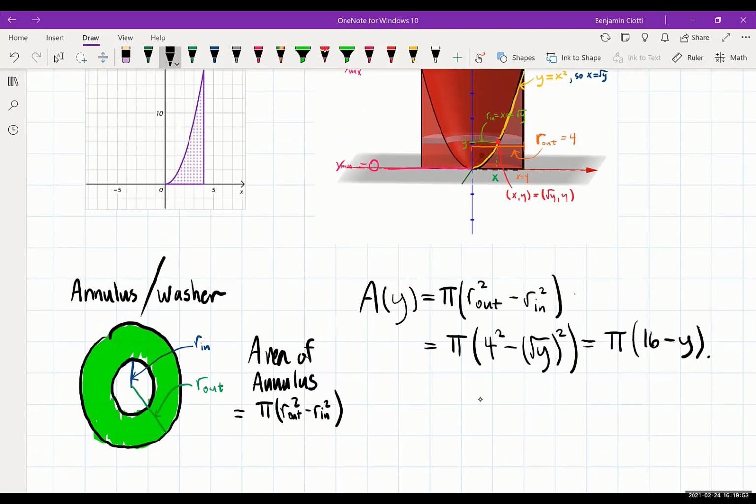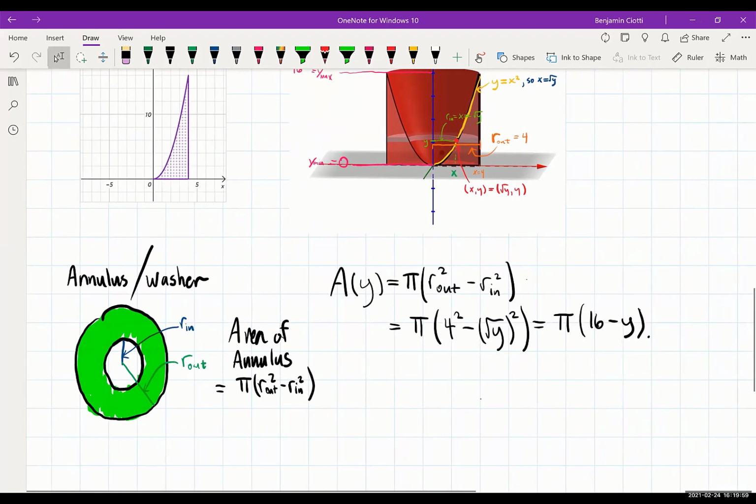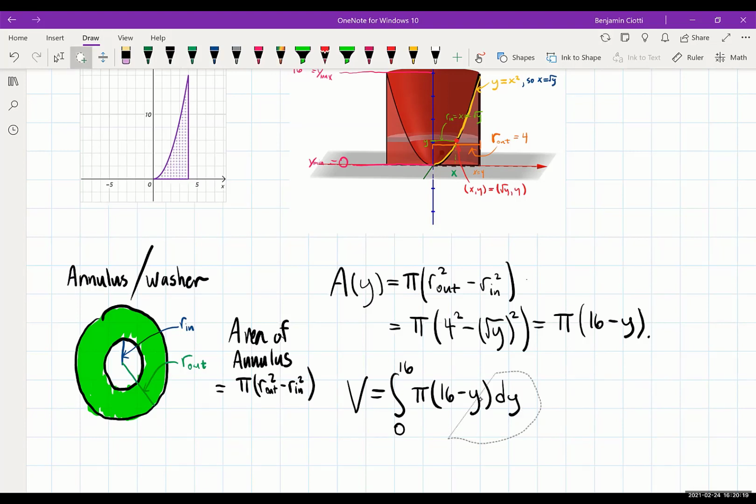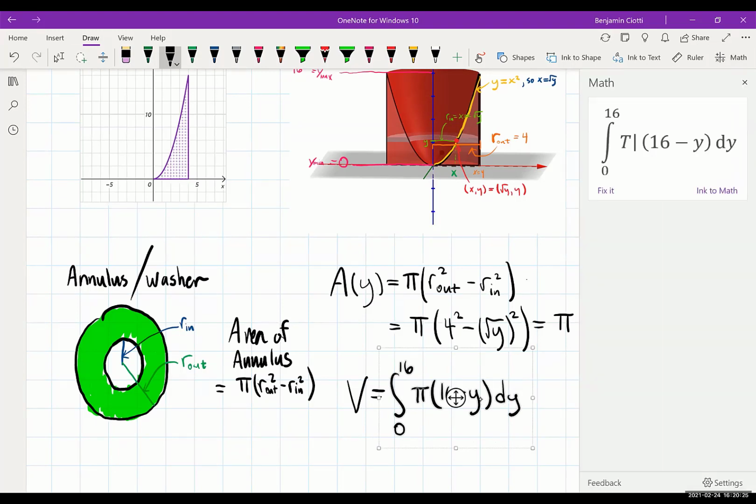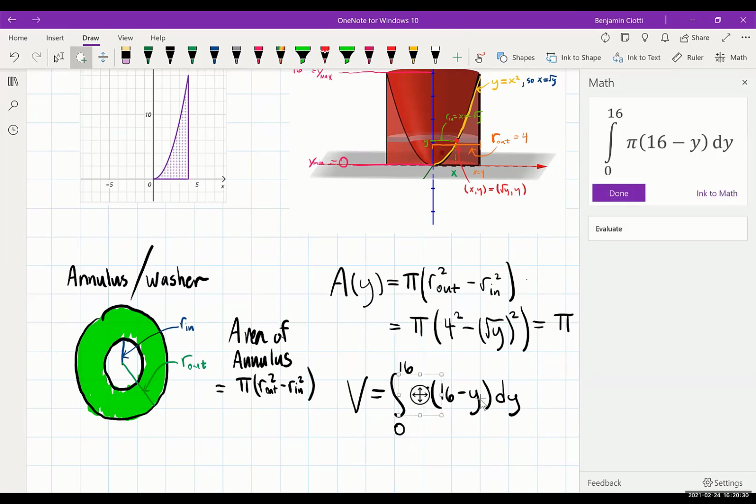So now we can just do the integral to get the answer, although this part's easy. I don't really care about exactly what the answer is. The point is if you can set this integral up. So we saw it went from 0 to 16. And the cross-sectional area is pi times 16 minus y. Cool. So yeah, that's the main thing. And if you want, you can write down what it is, which is 128 pi.